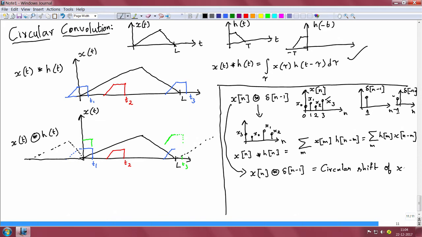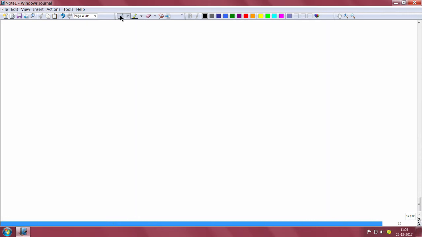Shift of x of n minus 1. So, now this gives us what a circular convolution is. Now we use this property of circular convolution to look into the problem. For this particular problem we have the input signal x of n.